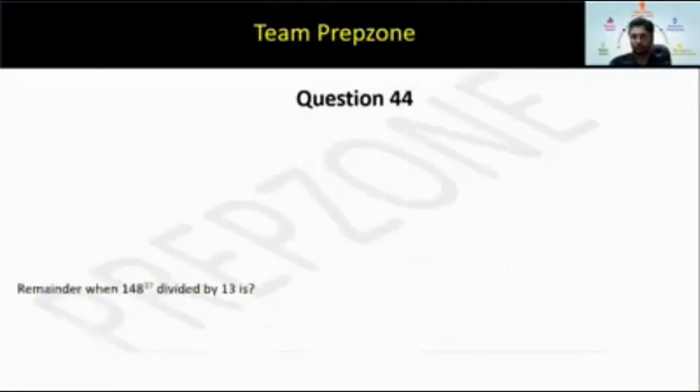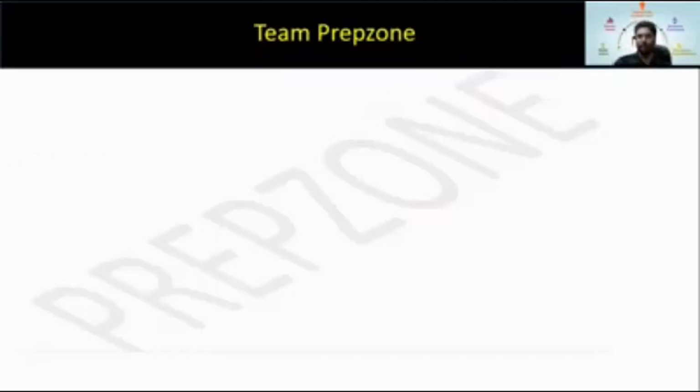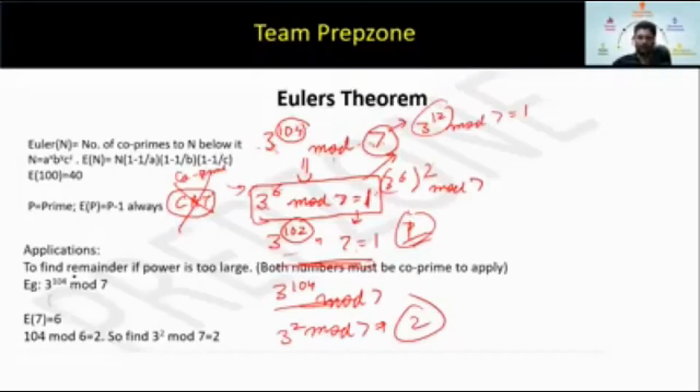Then let's solve some questions. First question, solve it. No, you cannot. See, don't make one mistake. In these types of questions, you are finding the last digit. I have taught you how to find the last digit, this we have seen in the last lecture.